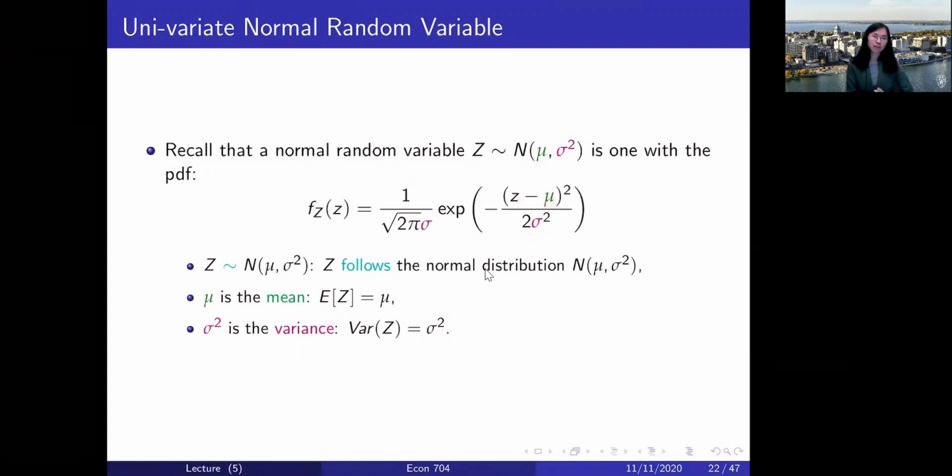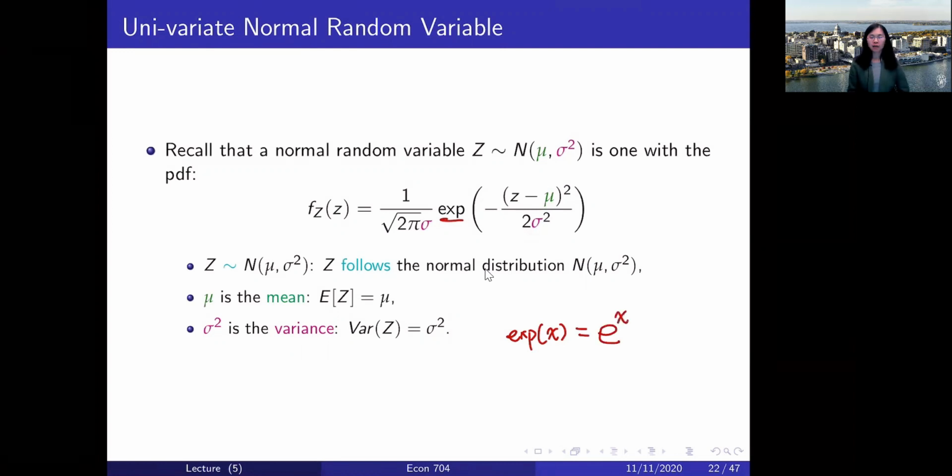So we talked about this normal distribution before. Here, this exponential, I think maybe we have talked about this before, maybe not, but this is e to the power x.